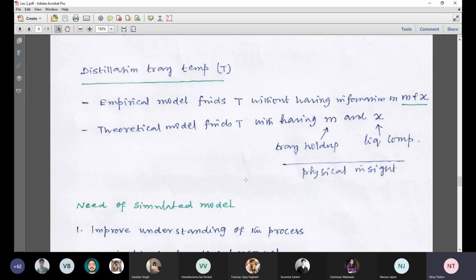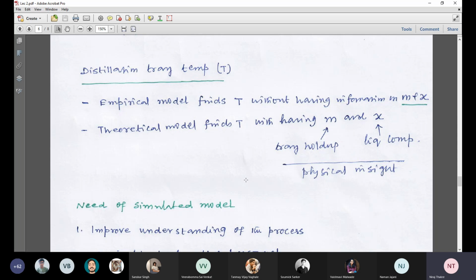Yeah, the first point I have written here, you see: improve understanding of the process. Let me explain this point. Suppose you have one experimental setup and you have developed the process model, but you did not perform experiments in all the conditions.